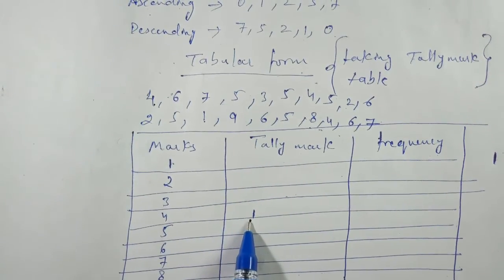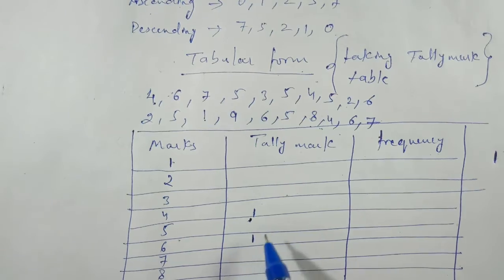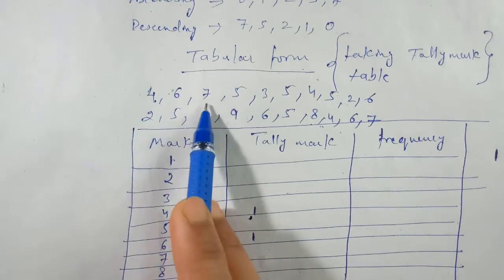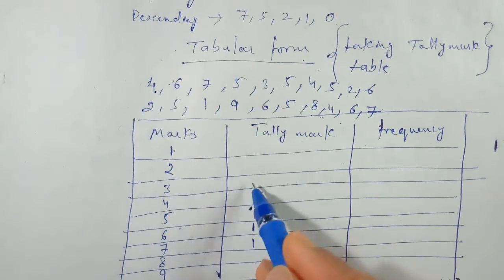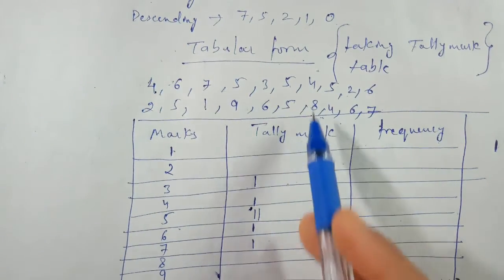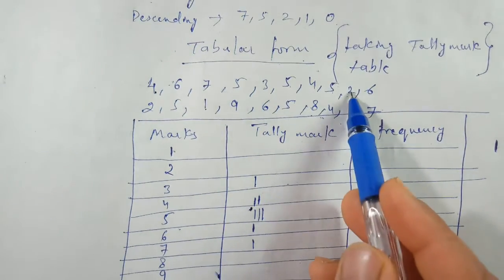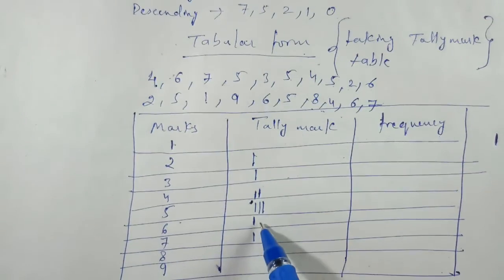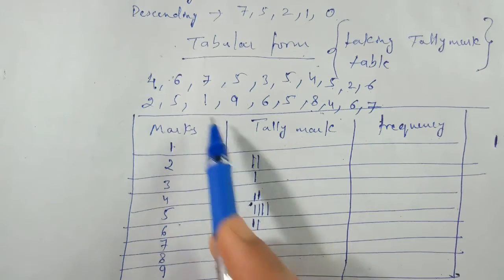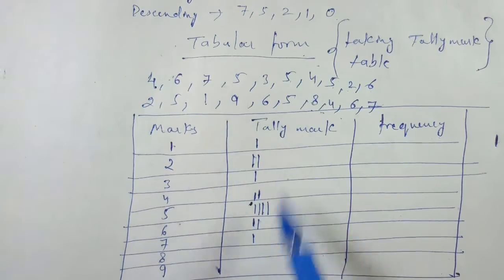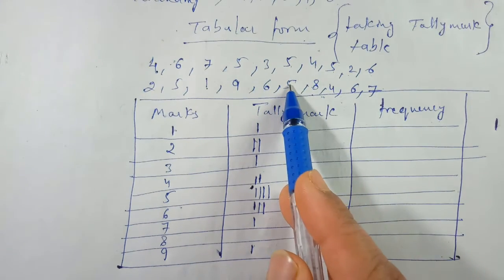Then next number is 6, a standing line. Then 7, then 5, then 3, then 5 again, then 4: 2 standing lines. 5: 3 standing lines. 2: 1 standing line. 6: 2 standing lines. 2: 2 standing lines. 5: 1 standing line. 1: 1. 9: 1 standing line. 6: one more standing line. 5.